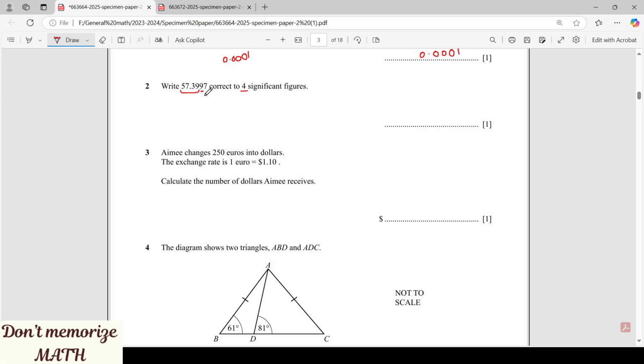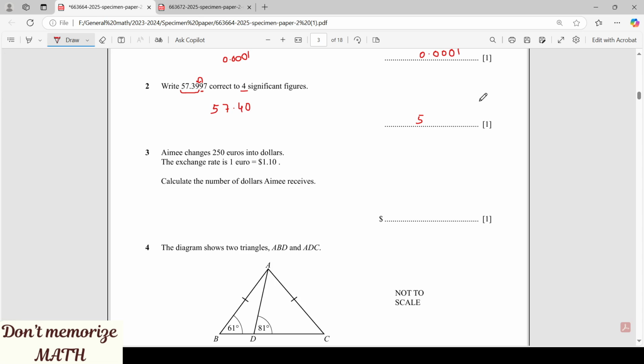If the very next number is 5 or more than 5, you need to add 1 here. So when you add 9 plus 1, you will get 10, so we will add 1 here. Or just see, 39 will become 40. So the 4 significant figure answer is 57.40.